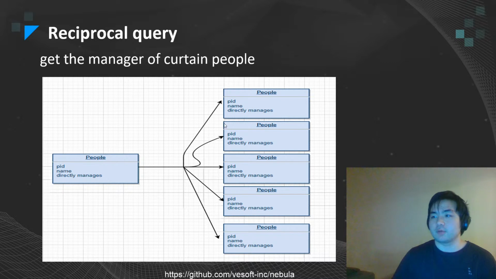That is because of the nature of the database design. Here, an ID can point from one to another, but that is not bidirectional. So a reciprocal query requires a lot of resources to loop over the whole database and find the manager for one certain employee. That cost is usually unacceptable.